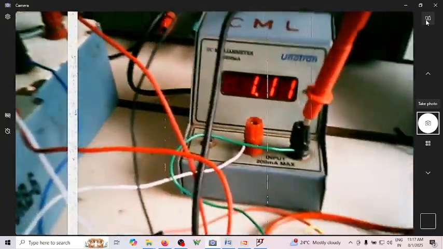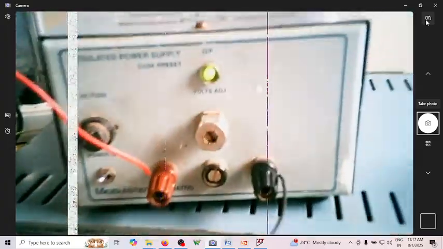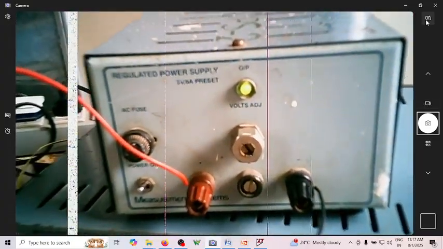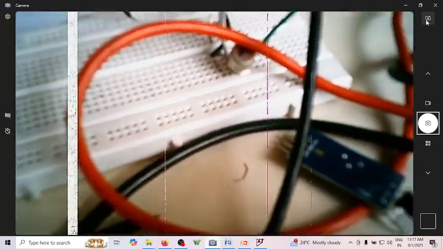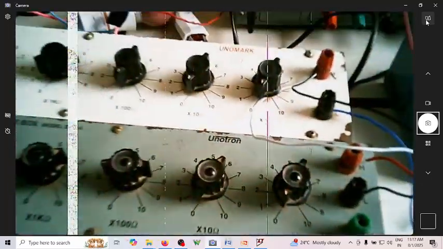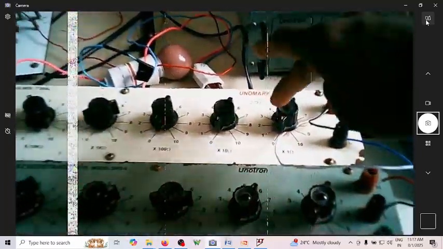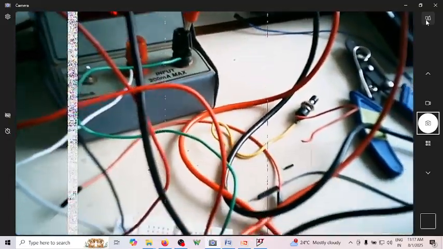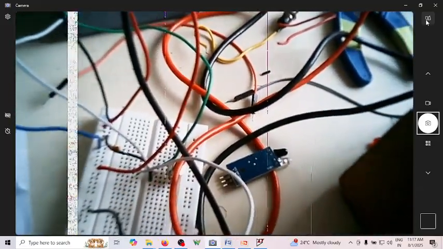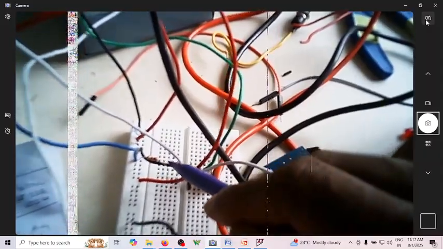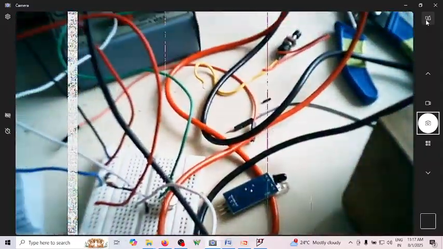Can you see now? I have a power supply of 5 volt. I have a transistor, this is the S-cylinder transistor, and I have two DRBs. This is for R1, this is for R2, and I used a fixed resistor, this is a 2.2 kilo ohm resistor.